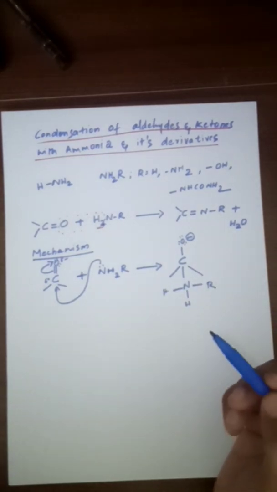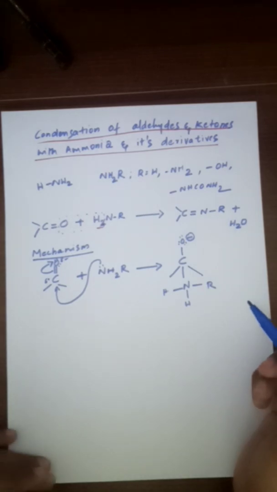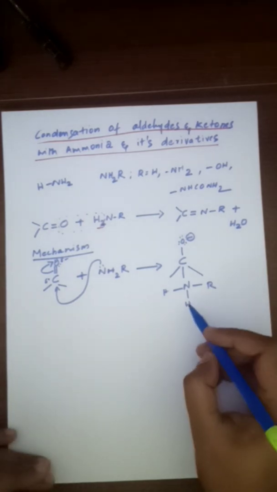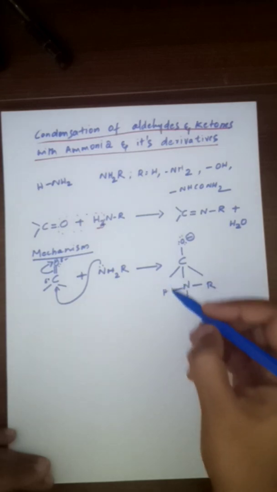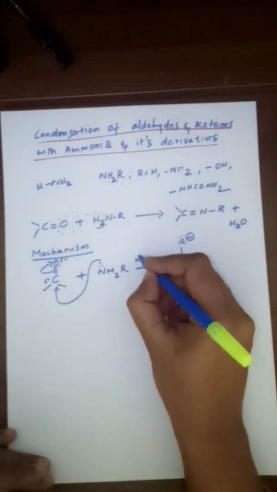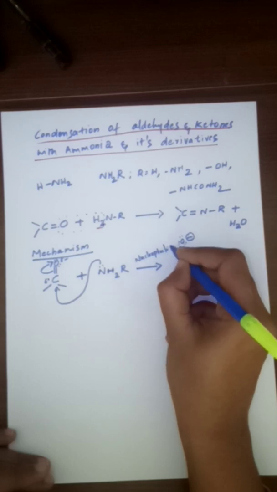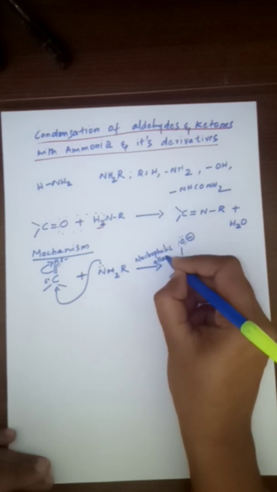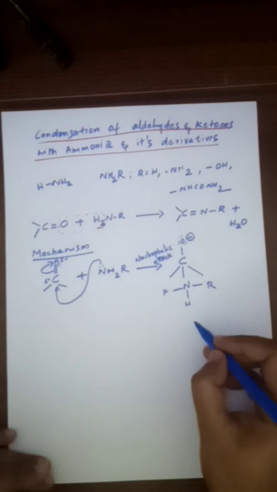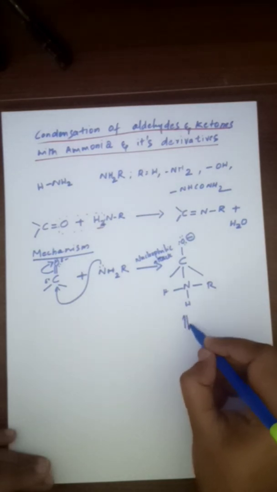The next step is a very important step, which is a reversible step: proton transfer. The first step was a nucleophilic attack. Now a proton transfer reaction is going to happen.